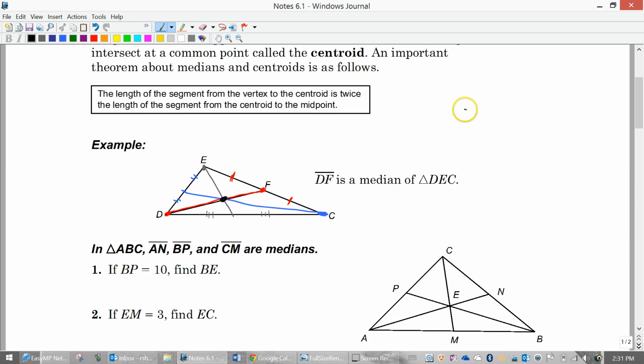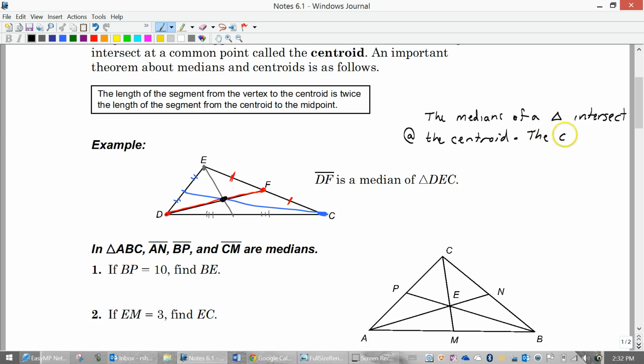So I'm going to write some stuff down here, some consequences of medians and their intersections. Okay? The medians, and I want you to write this down, the medians of a triangle intersect at the centroid. Oops, centroid starts with a C. My bad. At the centroid.